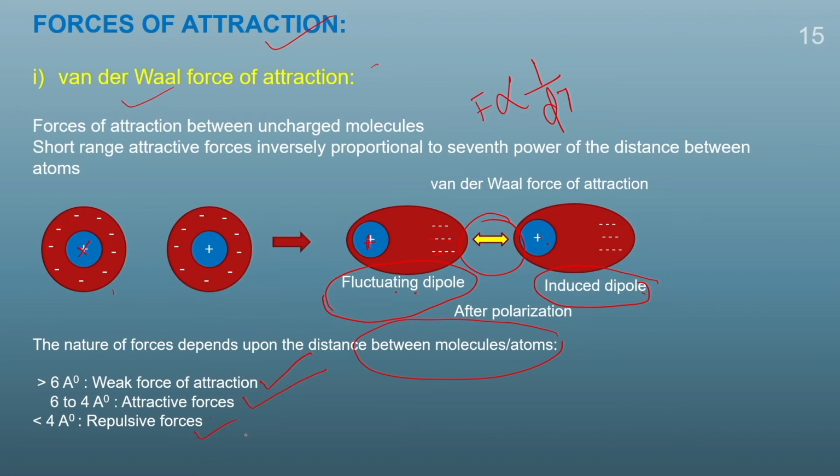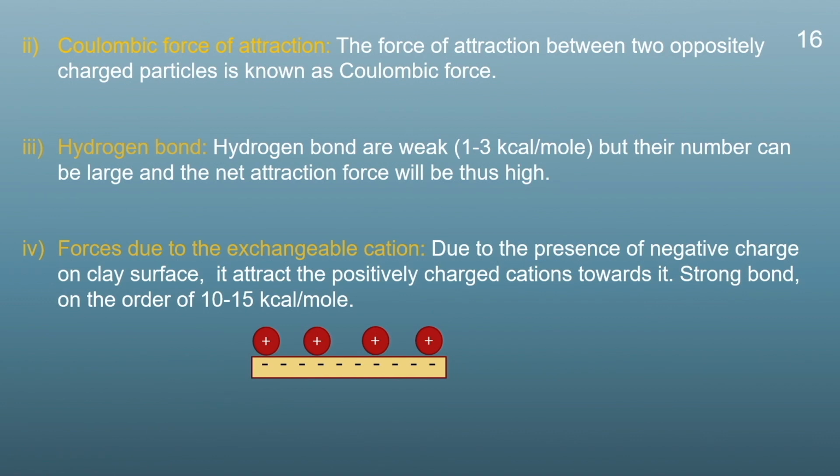The characteristics of this are that it is a very weak bond in comparison to covalent or ionic bonds, and van der Waals forces of attraction are generally additive in nature and independent of temperature, and this is a short range force. The other type of attractive force is the Coulombic force of attraction.